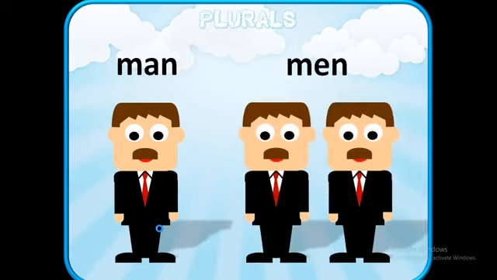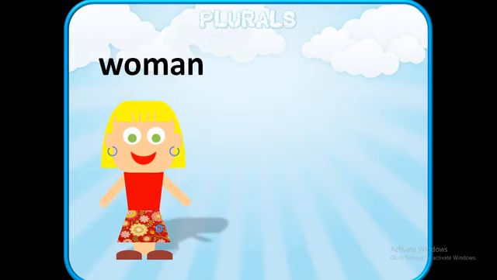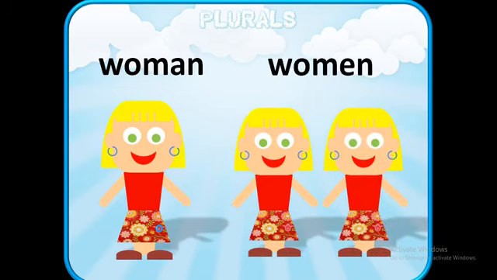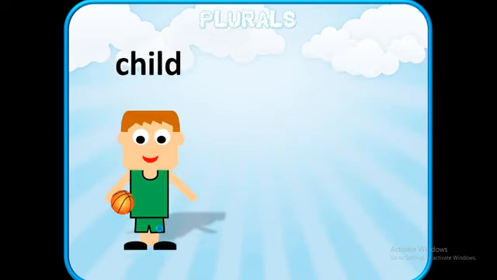Man, men. Okay. What about woman? What is the plural noun of woman? شو راح تصبح هاي الكلمة؟ Yes, women. Okay. What about child? These are irregular, يعني خارجين عن نمط القاعدة. We do not add S. Child.